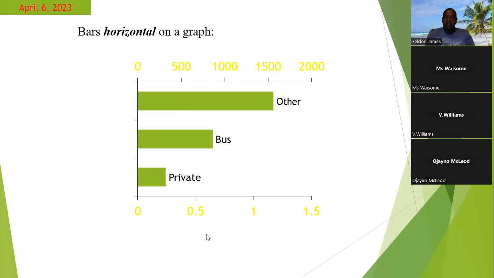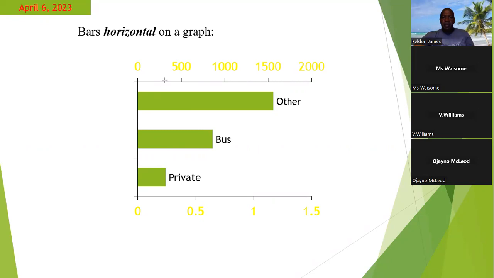So you would use the horizontal line and put the scale above, and then you measure that scale in the same way. Now you're using the length to measure the length of each bar. So based on this, our length would be measured in accordance to the scale above.